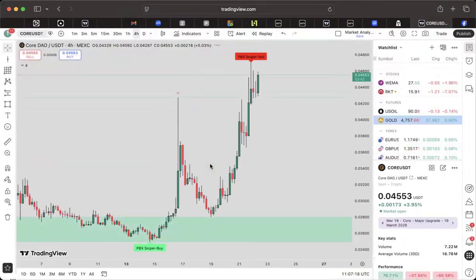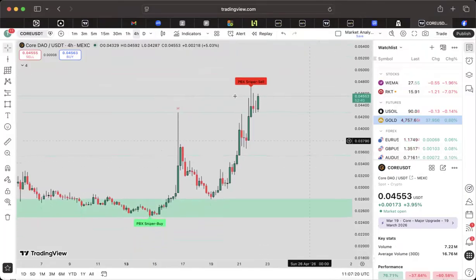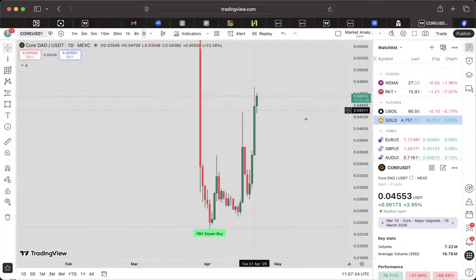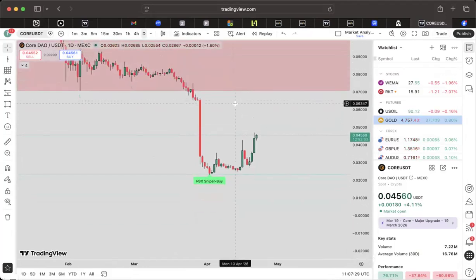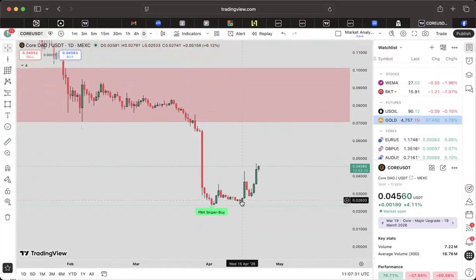So let's look at Core. Wow. Core DAO. Amazing. That's great. So this is how you check.